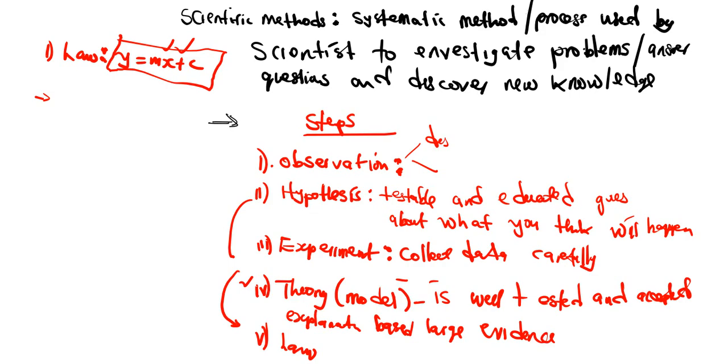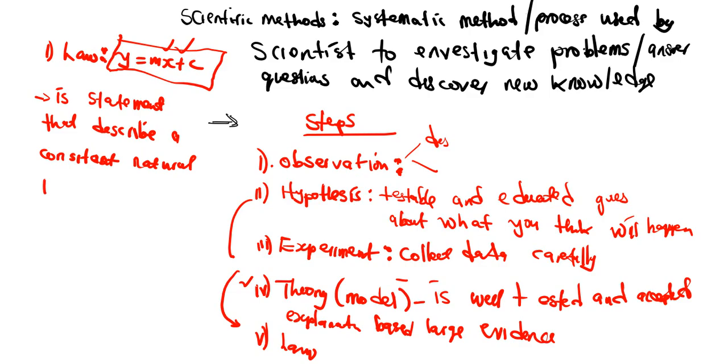So a law is a statement that describes a consistent natural phenomenon, the problem we are discovering, and it is expressed in mathematical form.